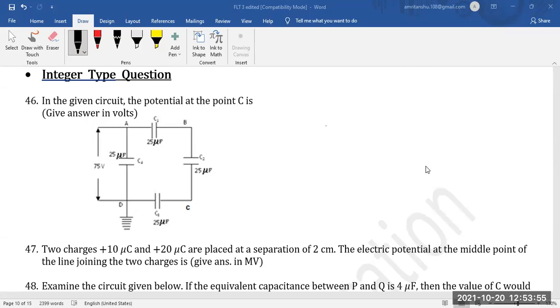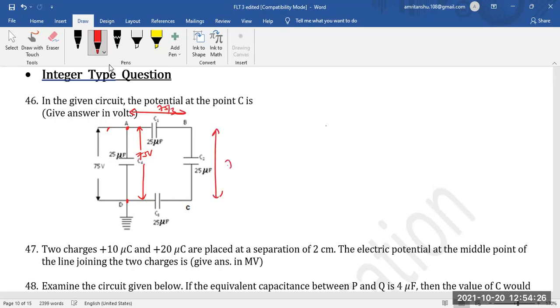As we can see, this is 25 volts. Since the capacitors here are of the same values, this 75 volts will be across this, so across this also will be 75 volts, correct? And since capacitors, as I said, are of same values, the potential across this will be 75 by 3.